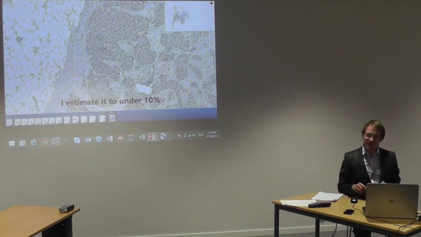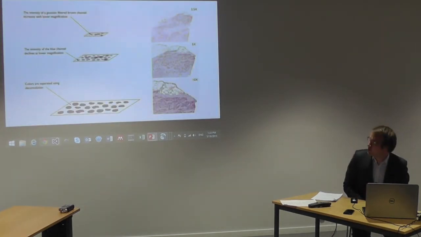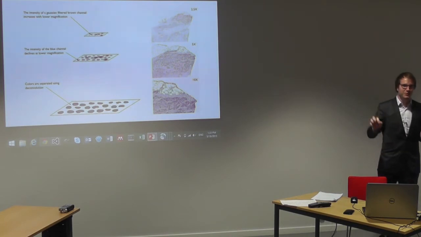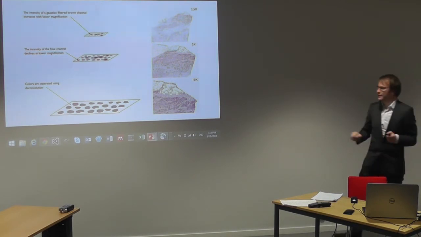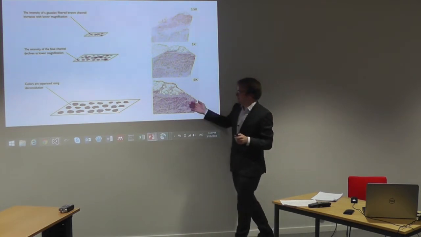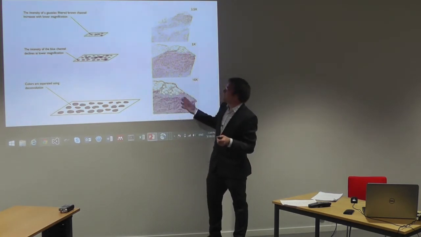So the main problem here, I think, is that in low magnification, you don't see the cells. So you really have to zoom in and start panning. So we just did a very, very simple algorithm where we separated the blue and the brown with a color deconvolution algorithm.